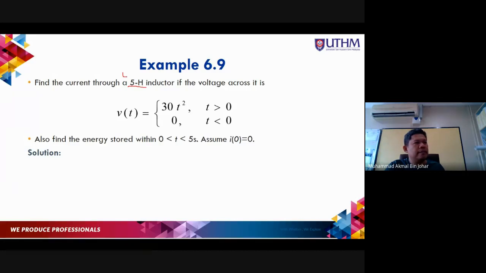This is the value of L. So we can write down 1 over L, integral from 0 to t of v(t) dt, plus i(0).